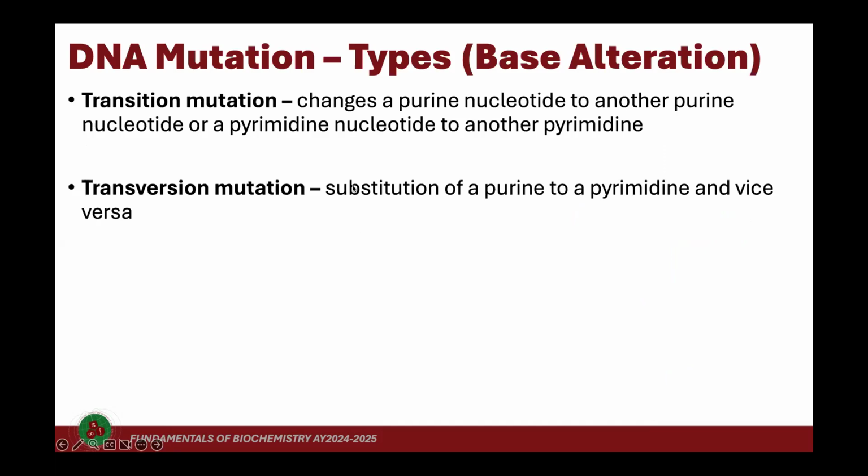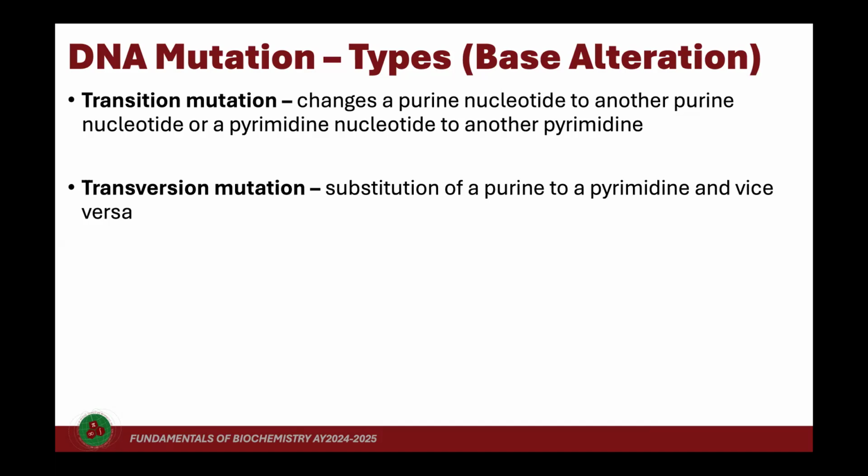Okay, so now we will go back to the question, why are there degenerate codons? And we will define a few terms related to DNA mutation, but this is not the discussion for DNA mutation. We have a separate video for that.